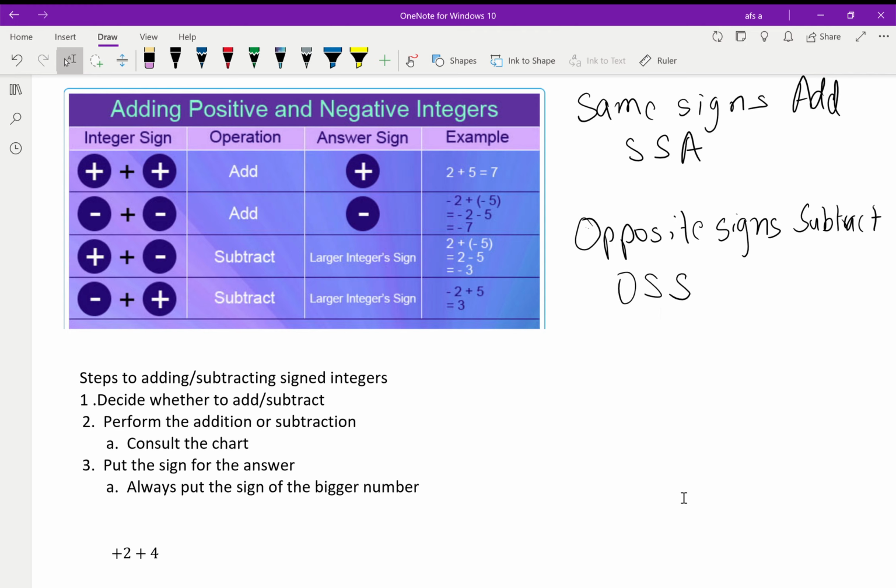But if I'm given two numbers with opposite signs, I'm going to be subtracting their absolute values. And remember, when you subtract, you always subtract the smaller number away from the bigger number. Then, once you decide, step two is to actually perform the addition or subtraction. And lastly, you put the sign of the number whose absolute value is bigger on your answer.